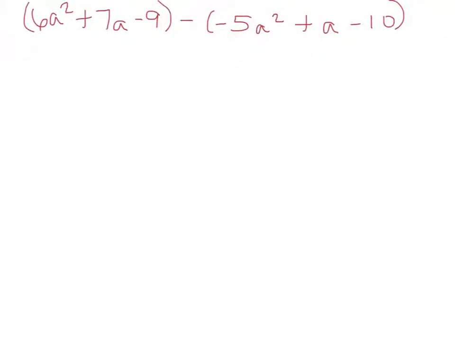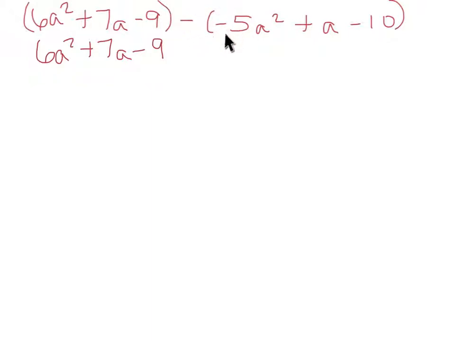Now, I know you are probably getting the hang of this by now and are ready to start your homework, but I wanted to address real quick before you get started what happens if you have negatives or subtraction signs in your second polynomial. Because I told you to distribute this minus sign, and so if you distribute a negative to something that's already negative, I hope you know this, but just in case you don't, it becomes a positive. So we will rewrite the first polynomial as it is, and then we will distribute this subtraction sign to the second polynomial.